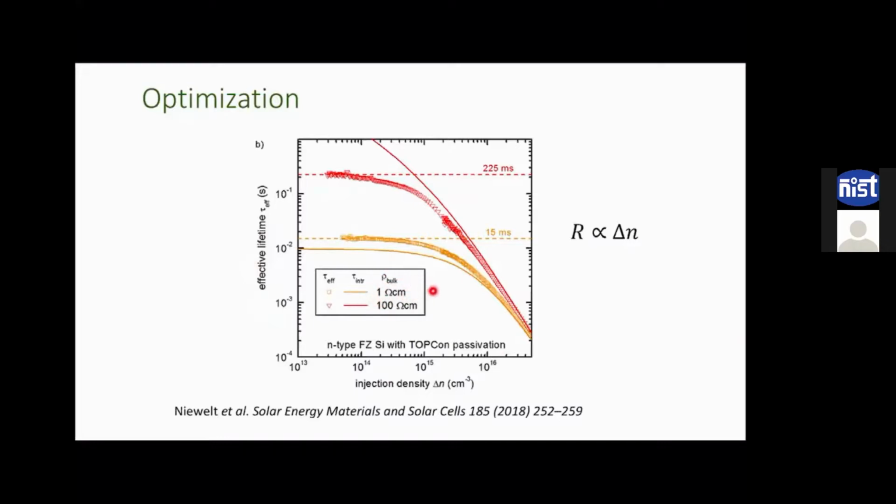So overall, for a wide range of injection density, the effective lifetime of the photogenerated carriers, which you always want to be high, is much higher in the high resistive crystalline silicon wafer than in a low resistive one, right? So a high resistive wafer gives you high lifetime compared to a low resistive one.